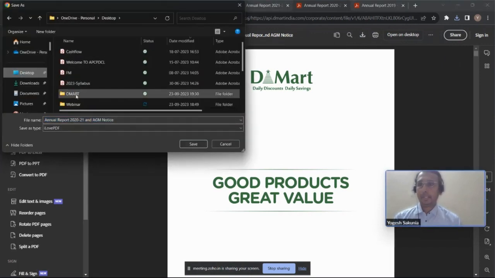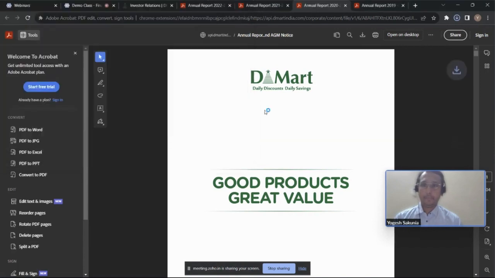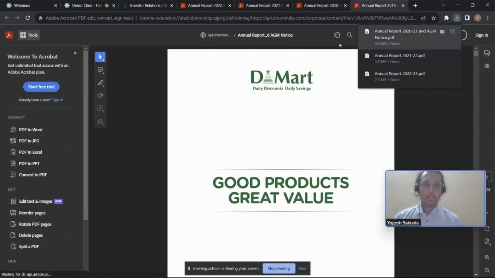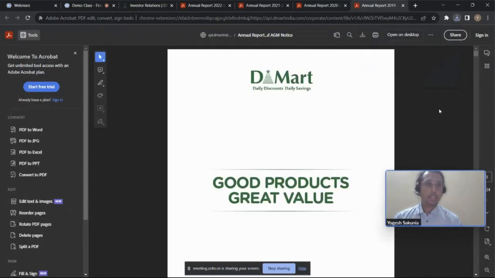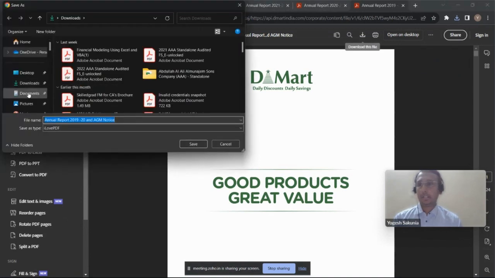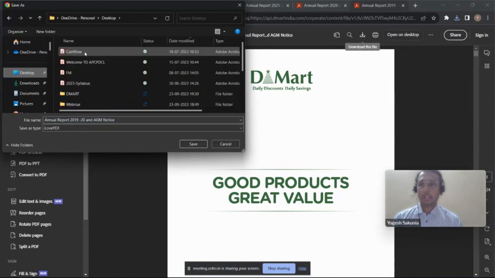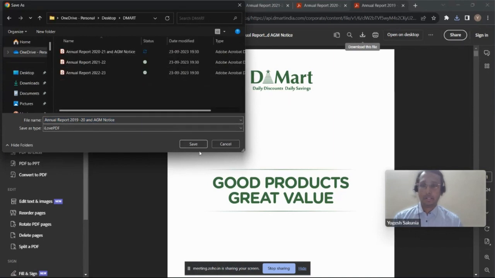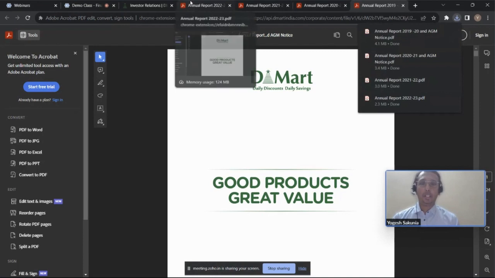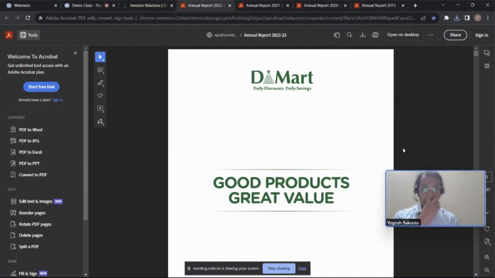Desktop, DMart, save. Okay, so we have saved the files that are required for the forecasting. Apart from that, we'll also need some more files that we will download as we require them.